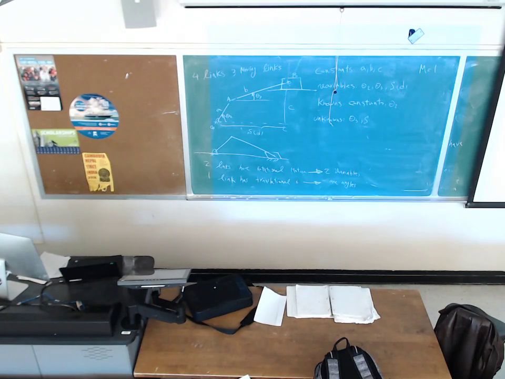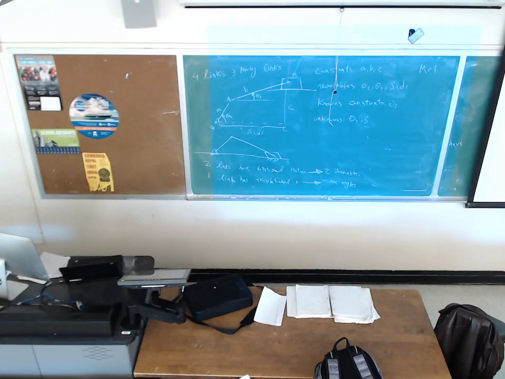O to A, A to B, the slider should be located here. Then you can measure this distance, S or D, by measurement. And the angle of theta 3 we can find by measurement again.